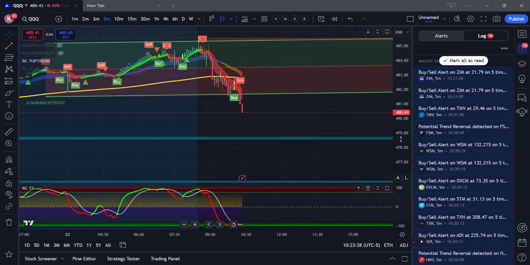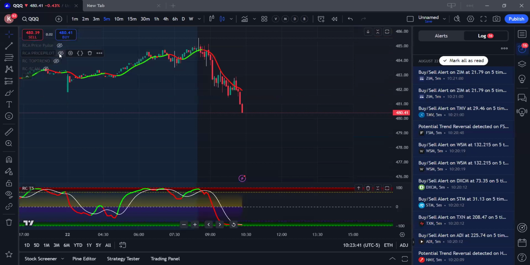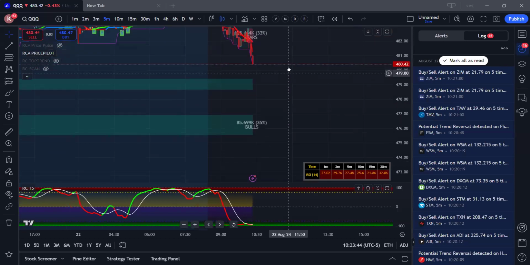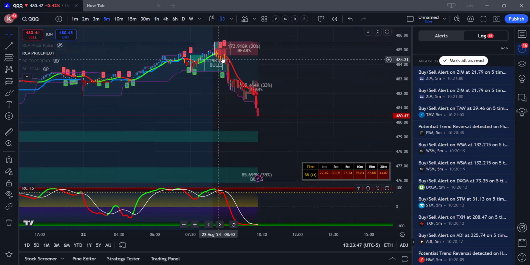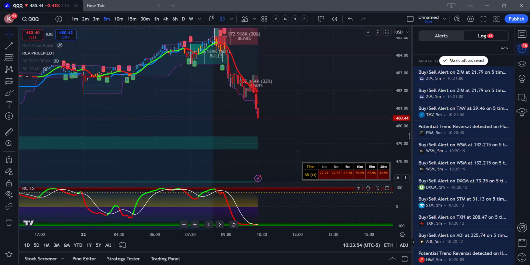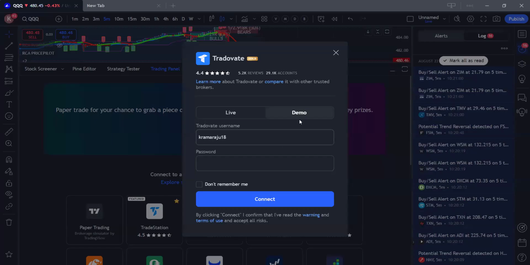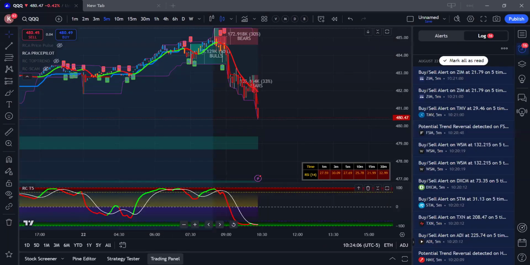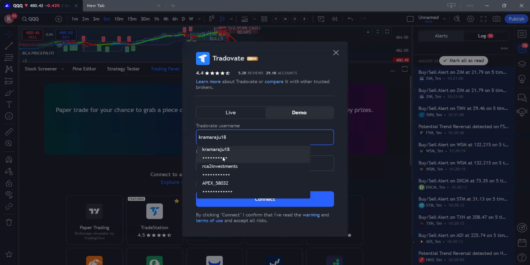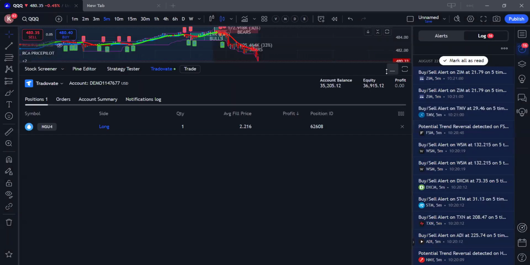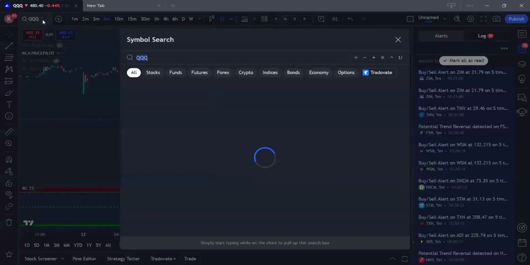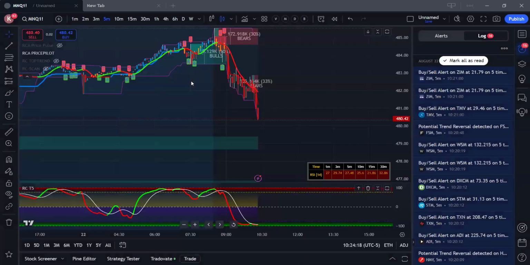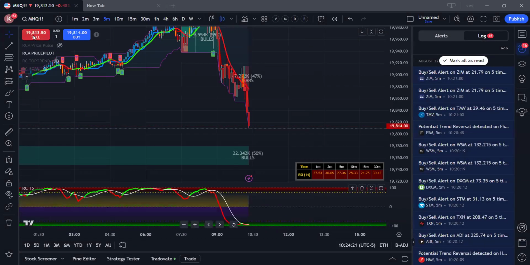You can go further down. So if I want to go with the MNQ, right, there is a high possibility for this to go forward.